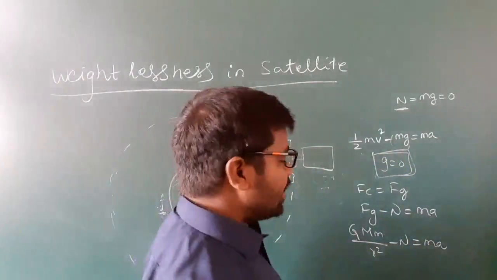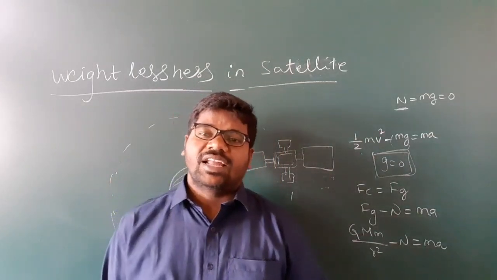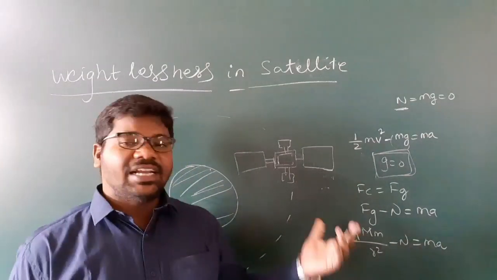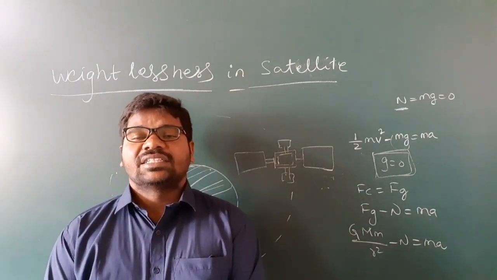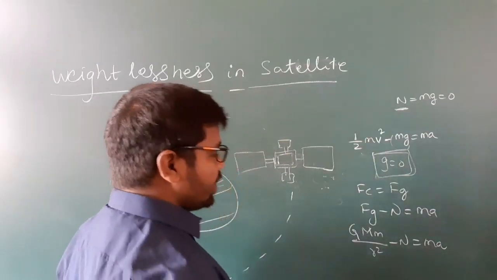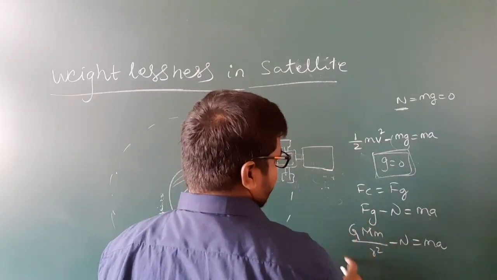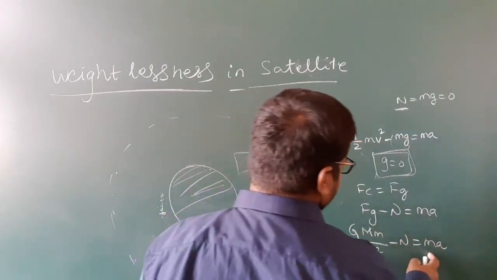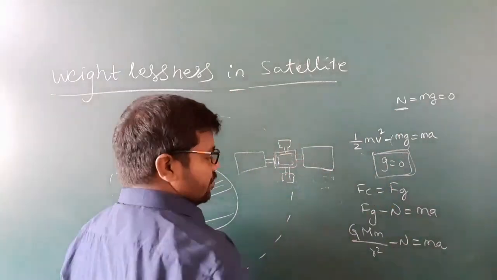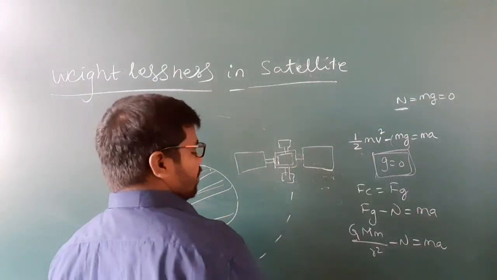A normal reaction arises when a body is placed on another body with physical contact. Here there is no physical contact between Earth and satellite. So the gravitational force is equal to the product of mass and the acceleration of the satellite. Due to this, satellites revolve around particular planets.